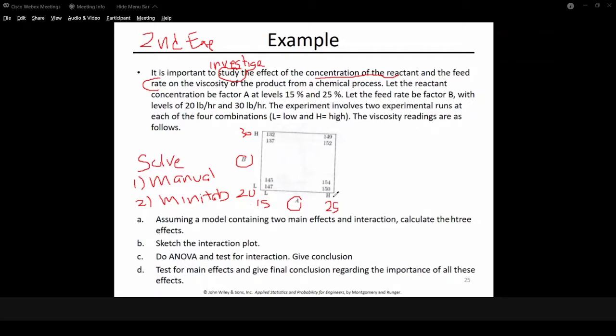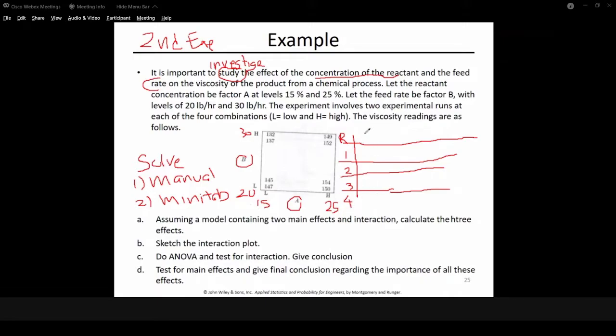By today's lecture, you must be able to visualize this. You must be able to graphically remember run 1, run 2, run 3, and run 4.